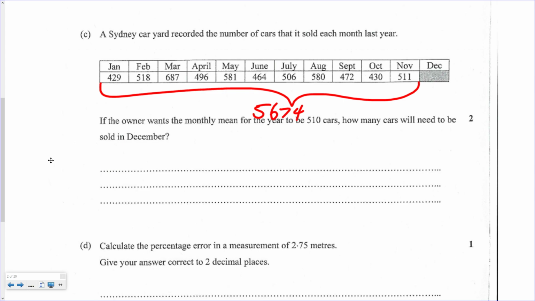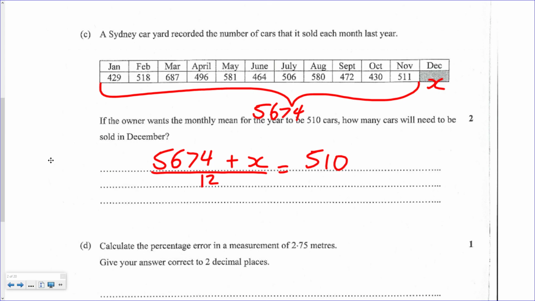But anyway, once you get that, let's call the value that we're trying to find x. So that means if we were to add 5,674, because that's the first 11 months, plus that last month, what we're trying to find, the average of all of that, so divide by 12, we want it to equal 510.